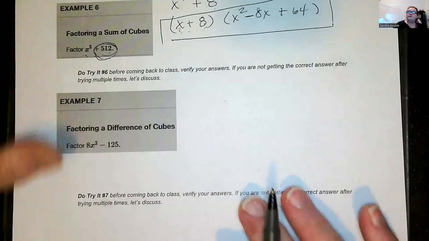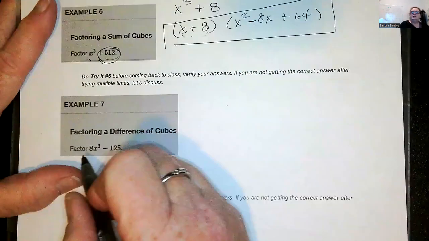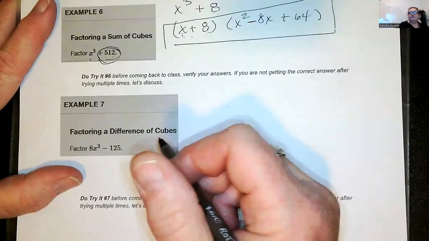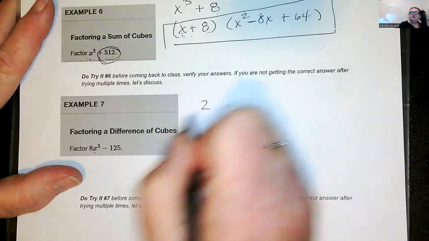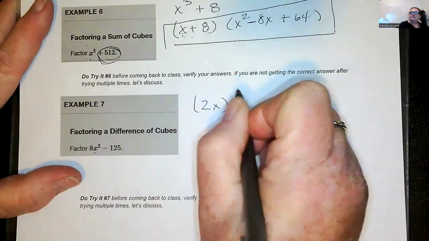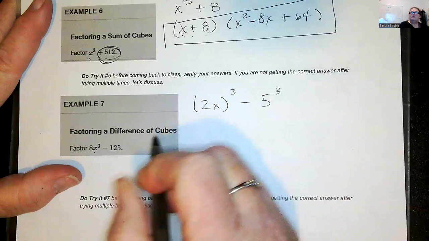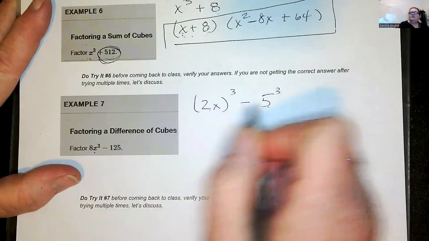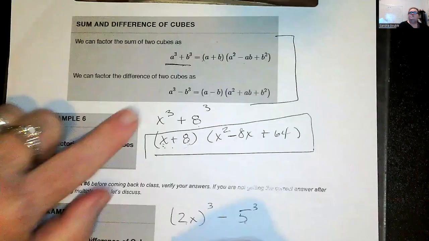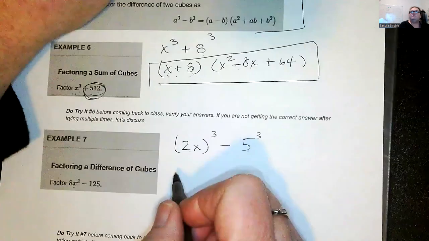Now for factoring the difference of cubes, I'm going to do the same thing. I'm going to take the 8x cubed minus 125 and break that down into my cubes. The cube root of 8 is 2, and then x, and that's cubed, minus 5 cubed is what that looks like. So there's my A, there's my B. Come up here, you've got A cubed minus B cubed is equal to A minus B. I'm going to keep this where you can see it.